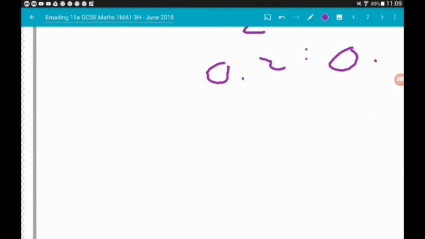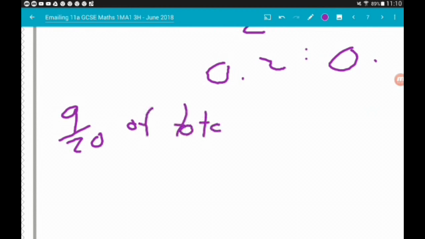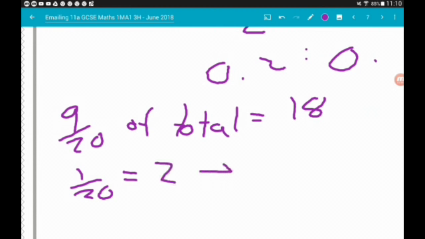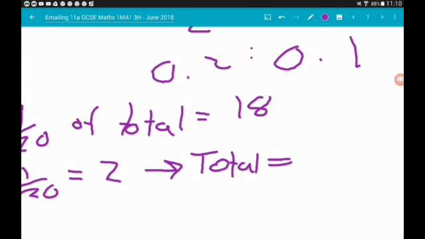So we know 9/20 of the total counters is equal to 18. So if we divide by 9, 1/20 is equal to 2 counters. So if we then multiply by 20, total counters is equal to 2 times 20, which is 40.